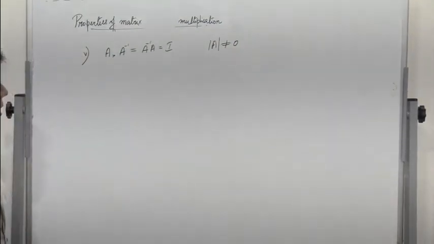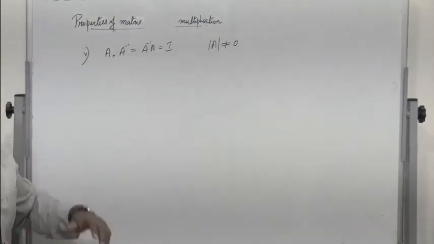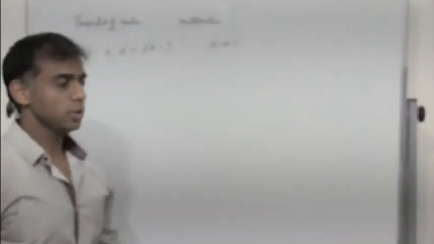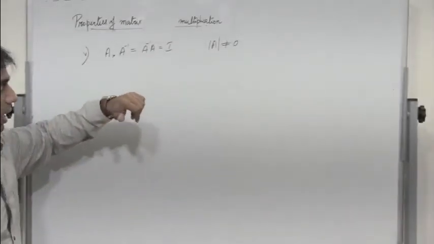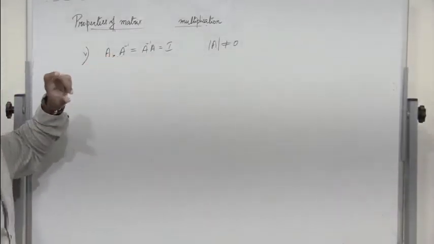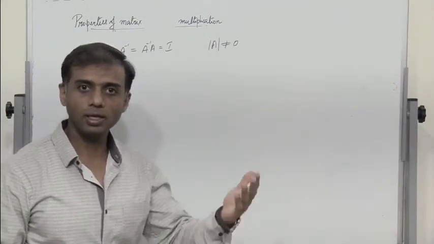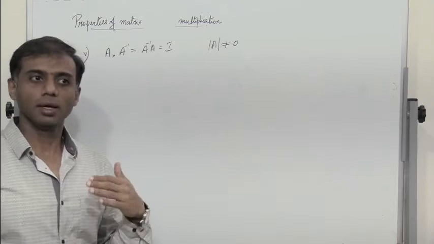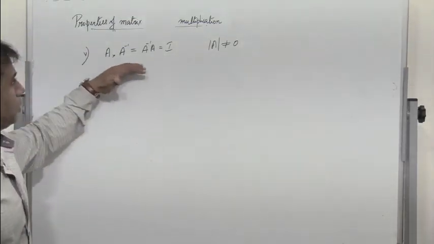So if I multiply a matrix with its inverse, it is definitely equal to the identity matrix. So we should prove this with an example in the next video lecture when we discuss how to find the inverse from matrix A. Right? So that we will find the inverse of a 2 cross 2 matrix and then a 3 cross 3 matrix and then take an example and see how this is true.